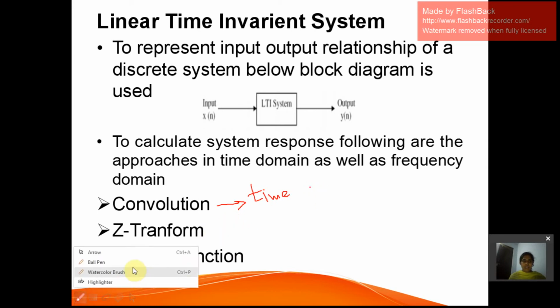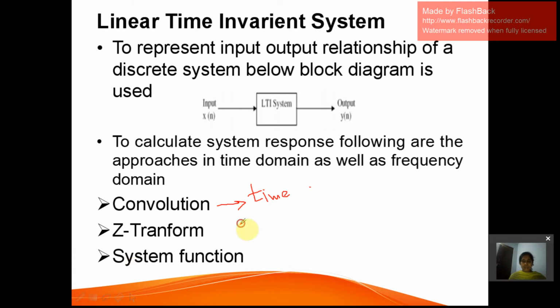Coming to the Z transform as well as the system function, these are frequency domain, where the system response can be calculated in the frequency domain. So this is time as well as frequency.